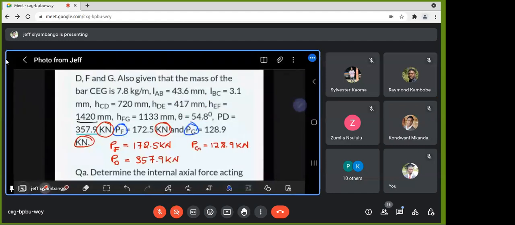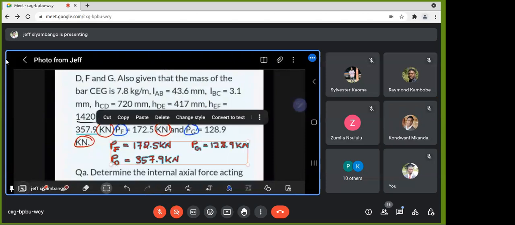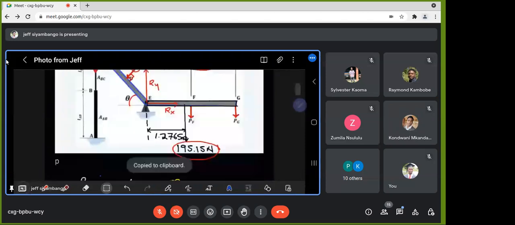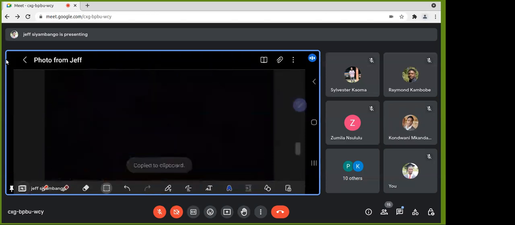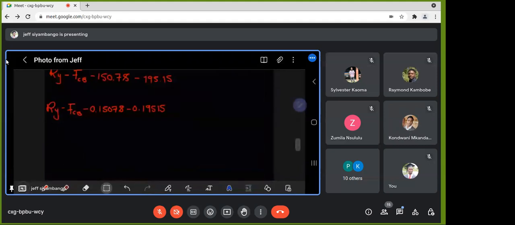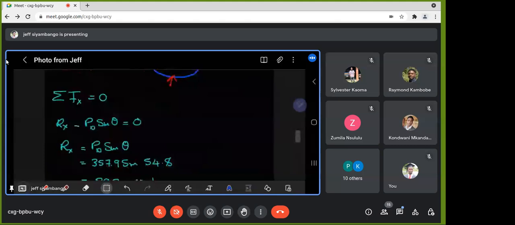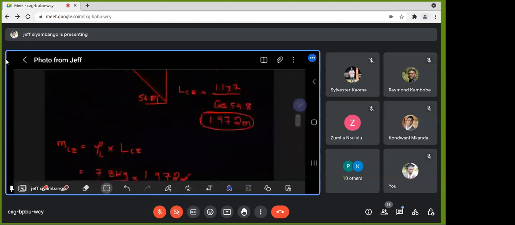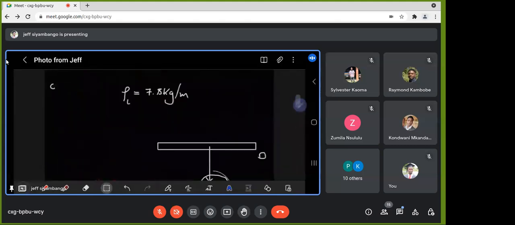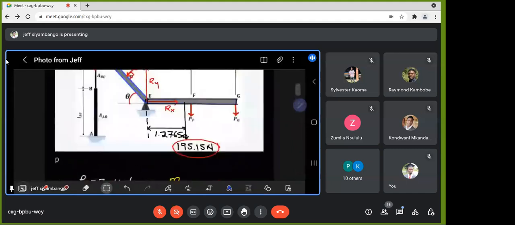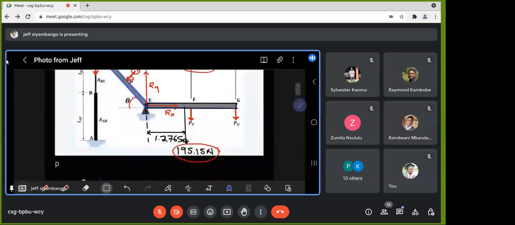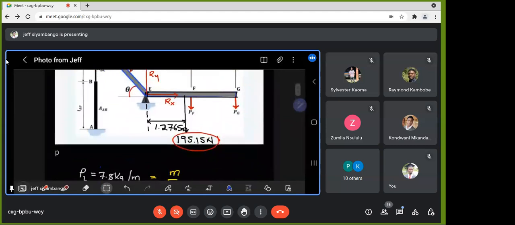Okay, so these are the values that we need, PG, PF, and PD. Let's use them. The first one we encounter is PD, which will involve the use of the calculator. I have taken care of the weight.